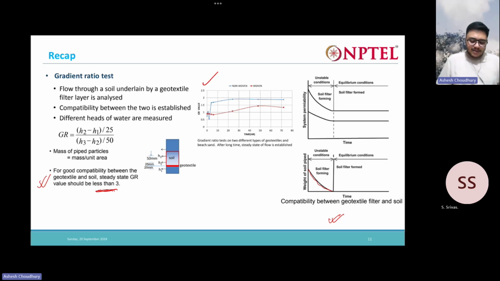Similarly, the permeability reduces a bit at the start from the maximum value, because the soil is rearranging, some clogging and readjustment between the soil particles and the geotextile is going on. But as time passes, the system permeability also stabilizes and becomes a constant value. That means a stable equilibrium condition has been achieved, and you should ensure that the weight of soil piped becomes zero, and the stable system permeability is always greater than the minimum required permeability that you want.